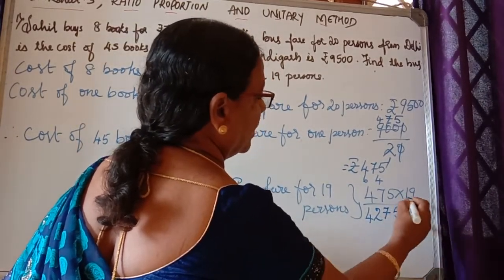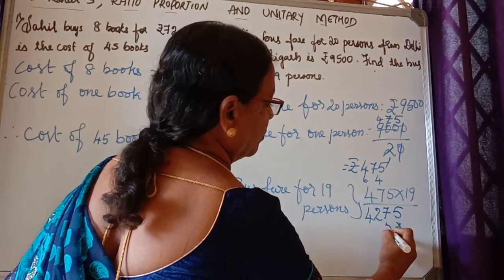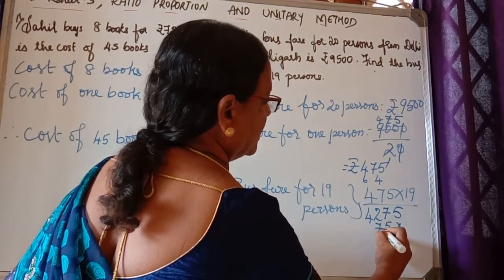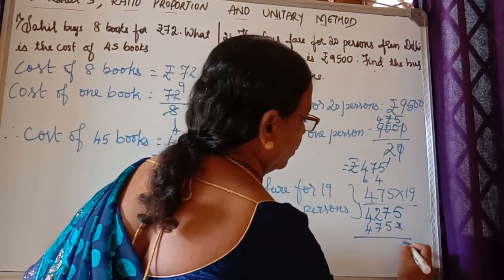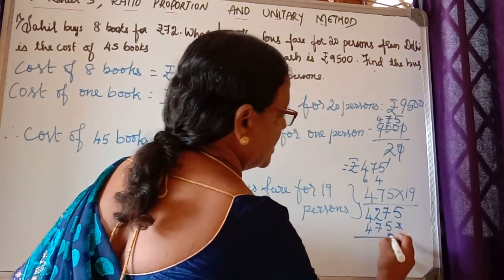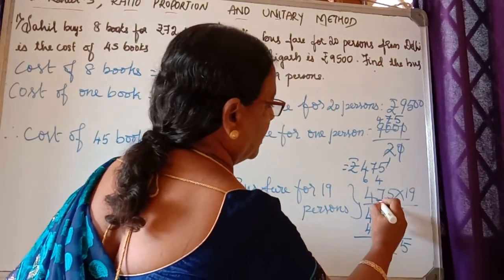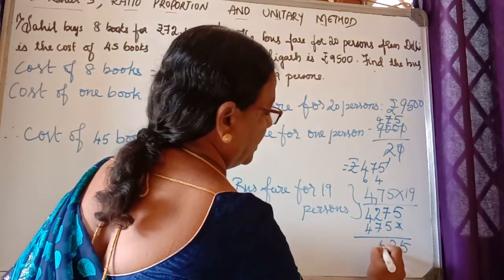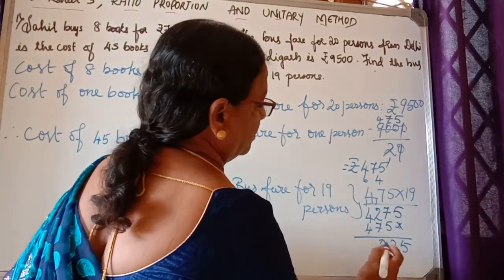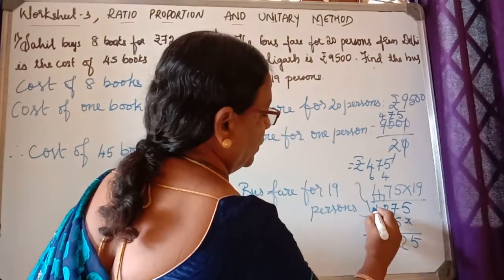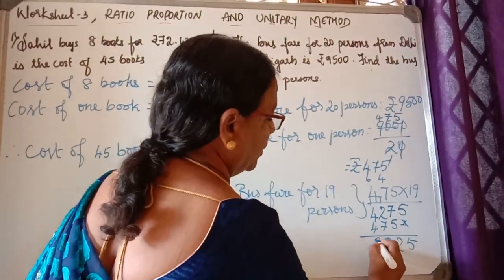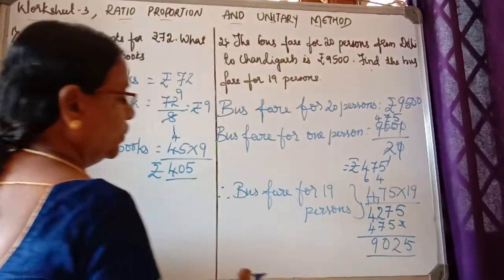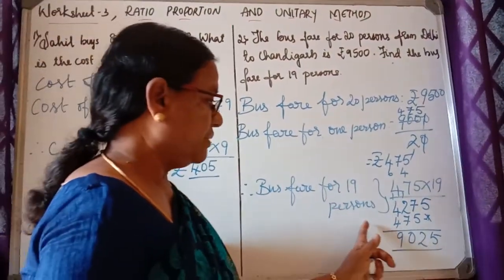Now we multiply with the help of 1. 1 5 is 5. 1 7 is 7. 1 4 is 4. Now adding: 5. 7 plus 5, 12. Remainder 1. 1 plus 2, 3. 3 plus 7, 10. We are carrying over 1. Now 1 plus 4, 5. 5 plus 4, 9. So what is the bus fare for 19 persons?